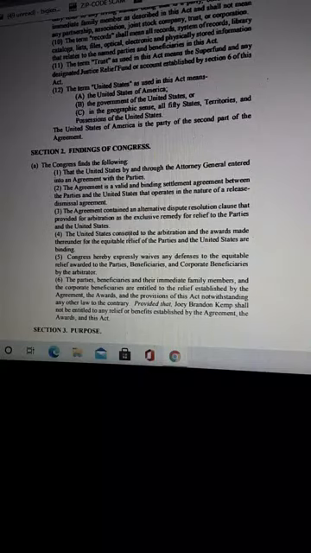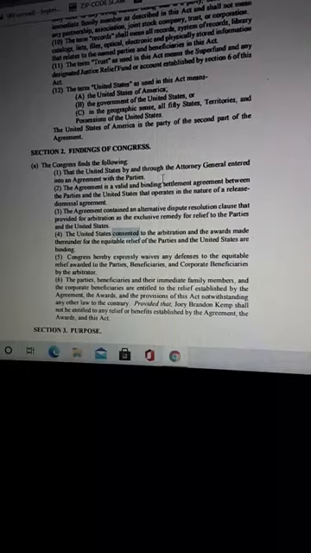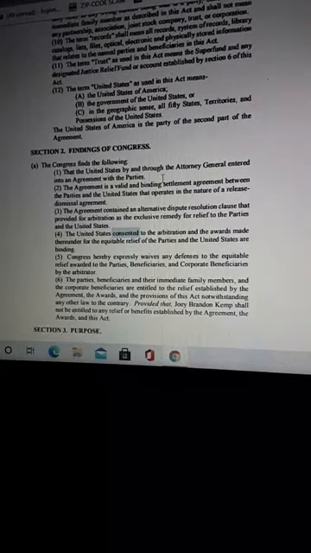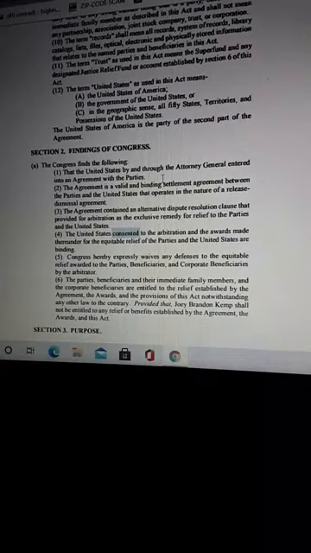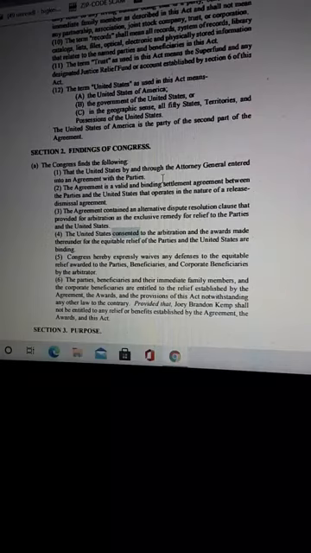The United States consented to the arbitration. Uh-oh. You mean they didn't make it mandatory? You mean somebody else showed their power and said you either consent? Sounds like somebody held the sword to the king's neck, doesn't it?